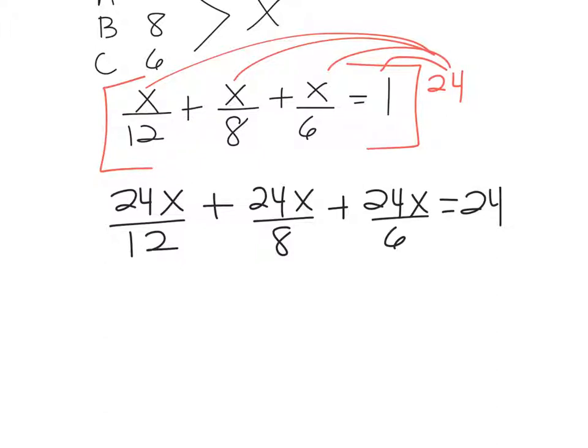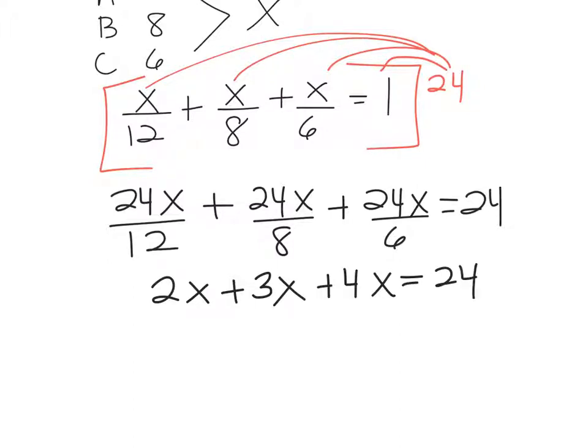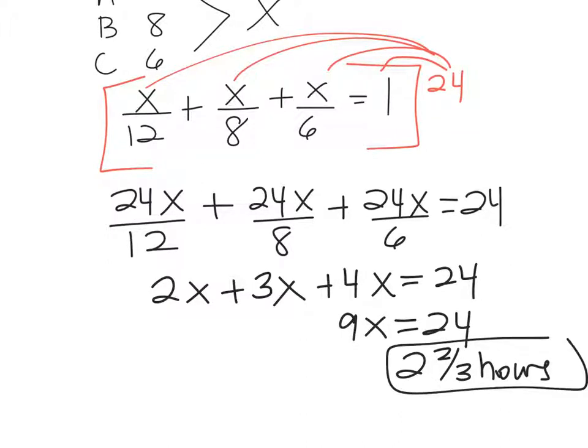We get 2x plus 3x plus 4x equals 24. So what does that equal? 9x equals 24. Go to your calculator. Take 24, divide it by 9, and you get 2.6 repeating. So 2 2/3 hours.